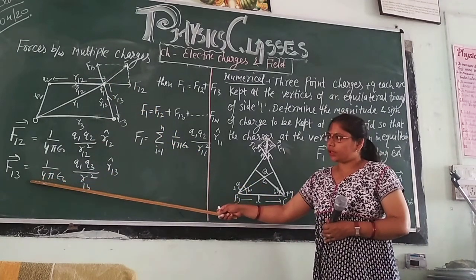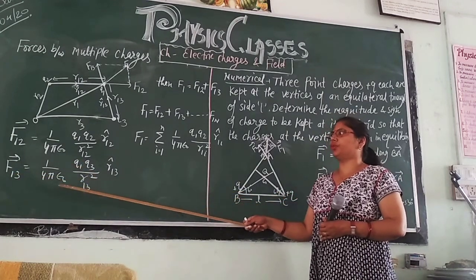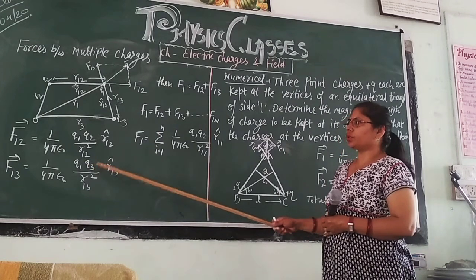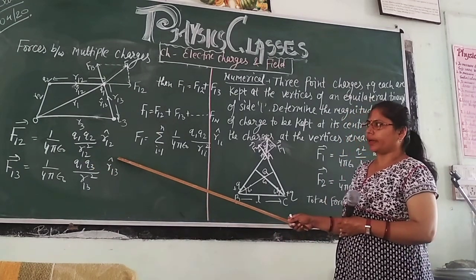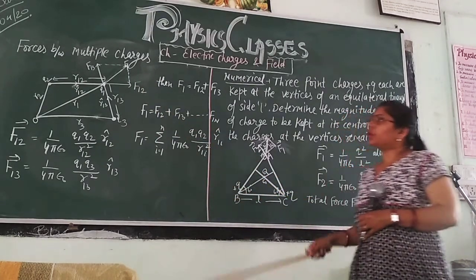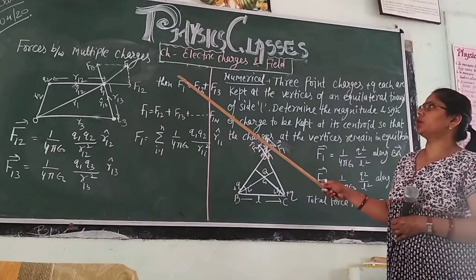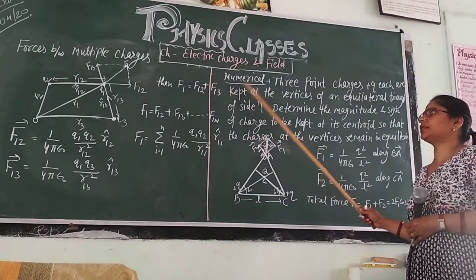Similarly, F13, the force on Q1 due to Q3 charge, is 1 upon 4 pi epsilon naught Q1 Q3 upon R13 square into R13 cap. Then the total force F1, if more charges are placed, will be F1 equal to F12 plus F13 plus so on.